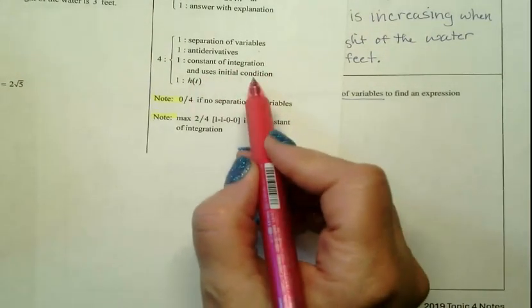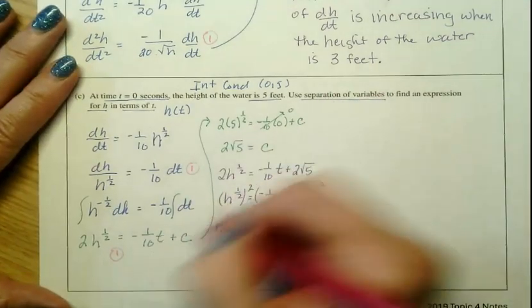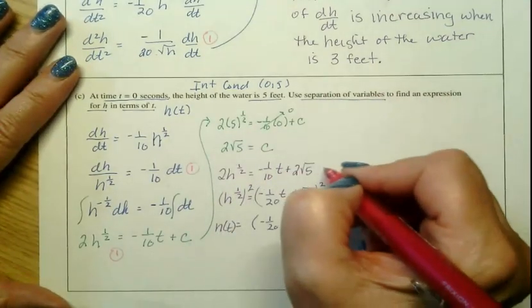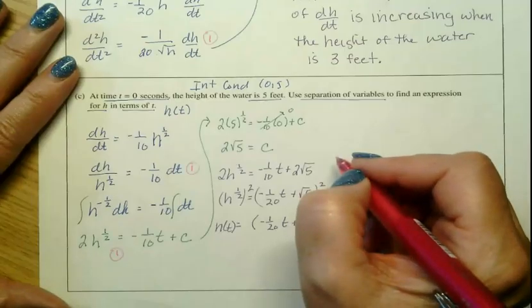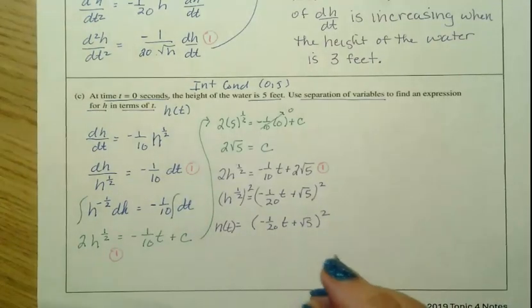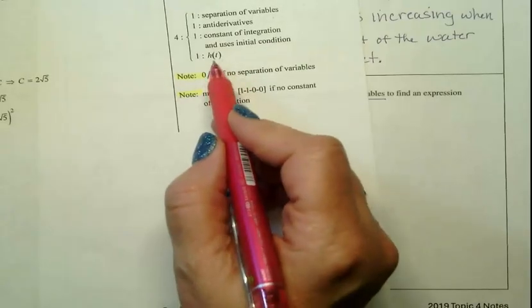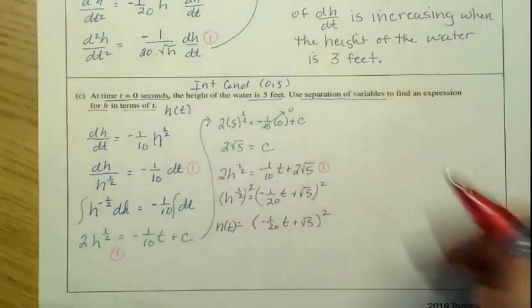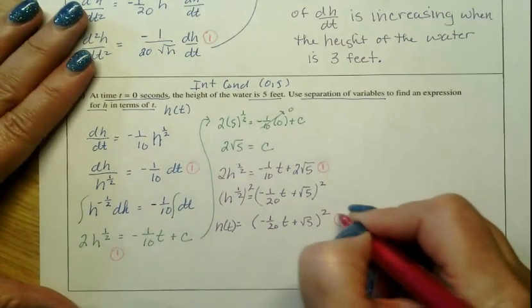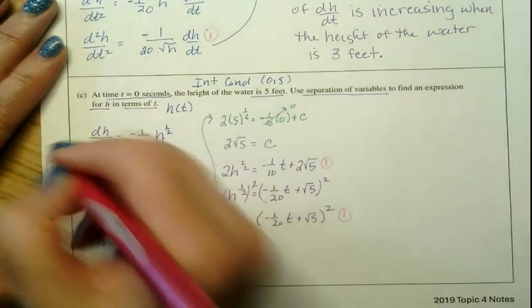And then when we use the constant of integration and the initial condition to find our C, that would be all of this, getting down to there to get that 1 point. And then finally, do we have our h of t? That would be using the function notation and getting your value, so you'd be down to here. So 1, 2, 3, 4, that's how we would accomplish the 4 points.